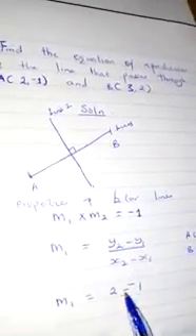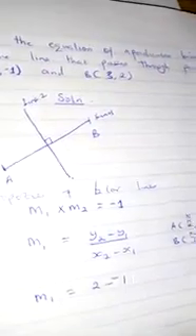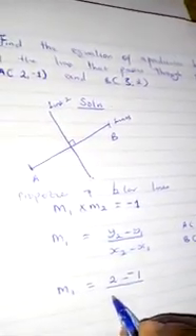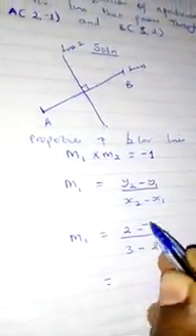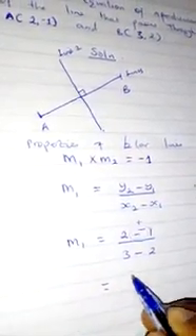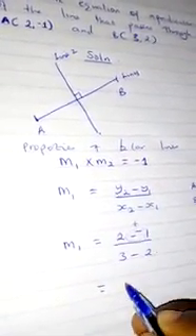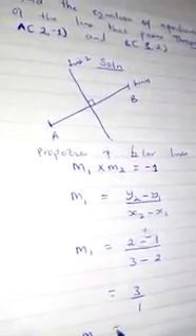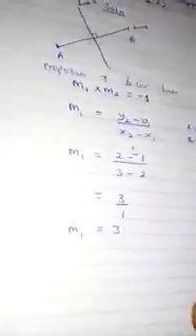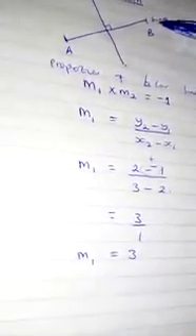A minus is here, and this minus is for this one. Is that clear? Over 3 minus 2. Then this will give us a plus, so we have 2 plus 1, giving us 3 over 1. That means our M1 is equal to 3, and this 3 is for line 1.